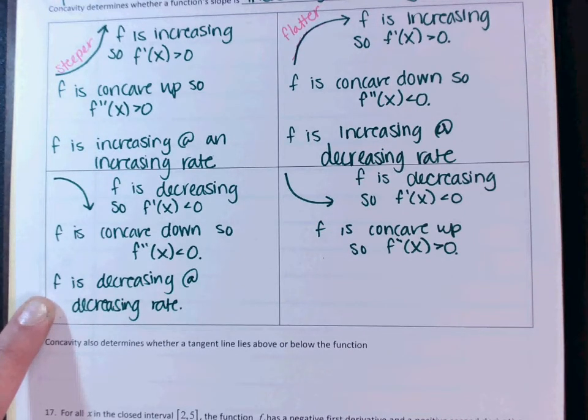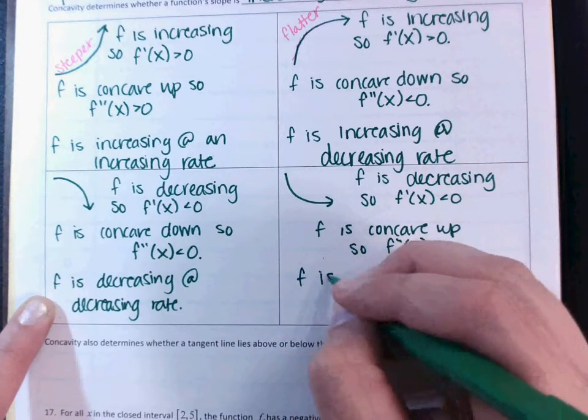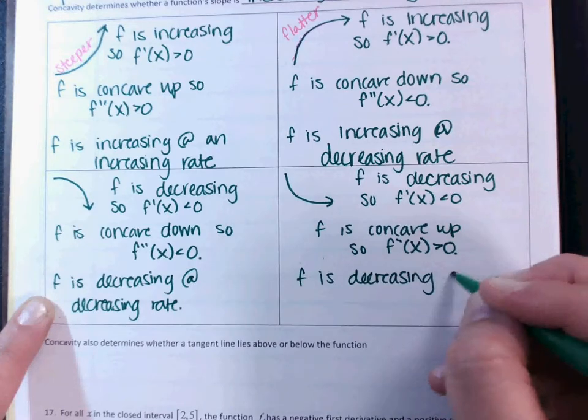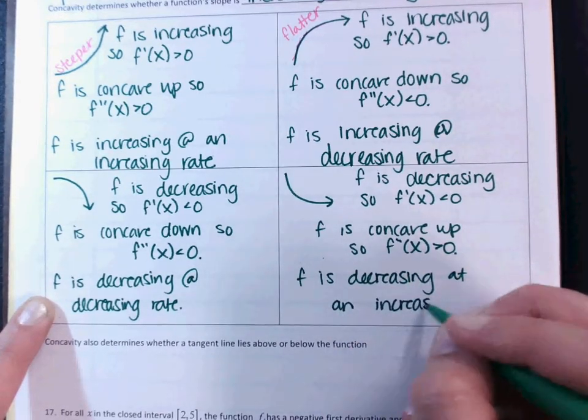It's decreasing less and less each time. Hold on, I'll explain it in a second. Now write down the opposite for this one. F is decreasing. I know it seems backwards. I'm going to try to explain it to you.